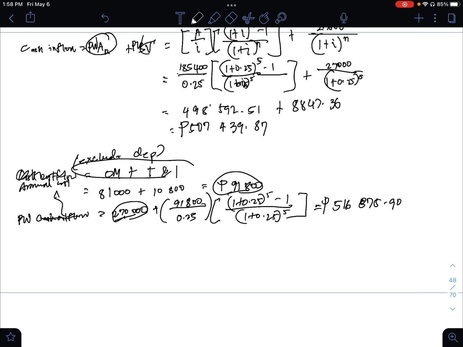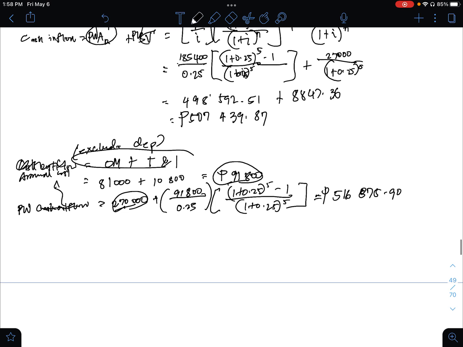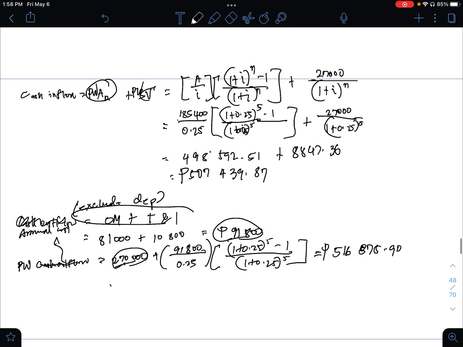So, in present worth method, we need to get inflow minus outflow. So, inflow is 507,439.87 minus 516,875.90.